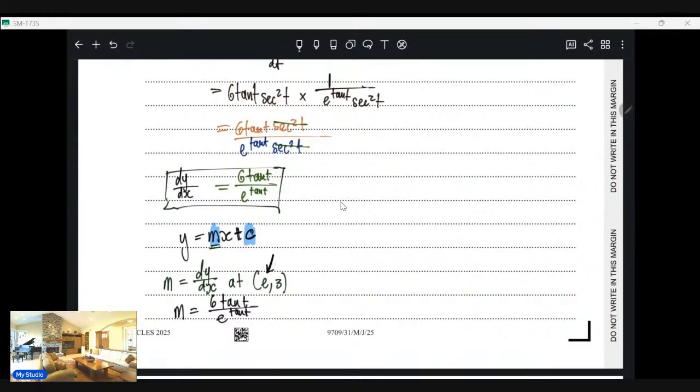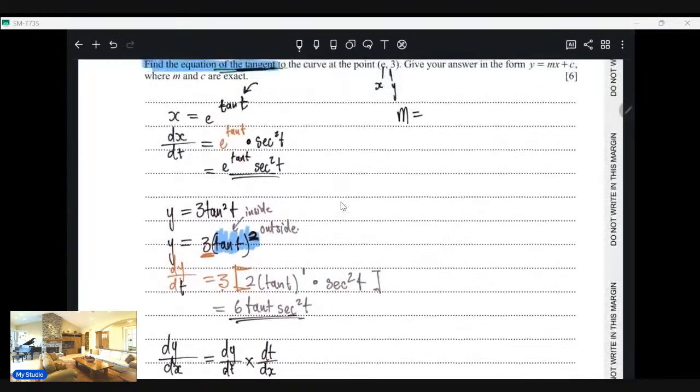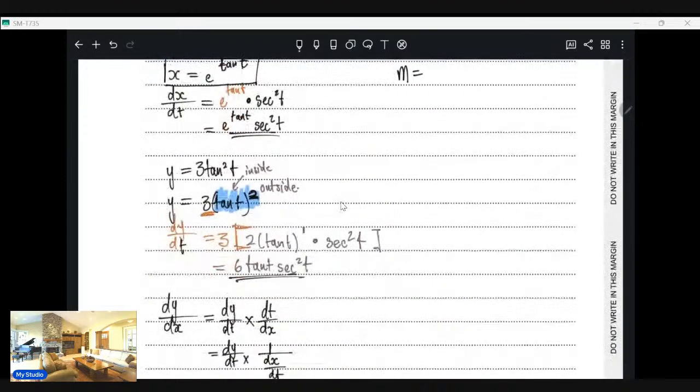Or if you want, let me tell you what you can do. This is not the point that matters, but since this is your x and this is your y, you can go to any equation, let's say here, and find t by putting in the x, or find t by putting in the y. Are we together?